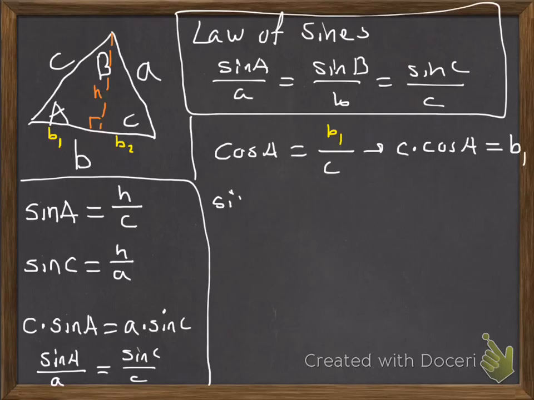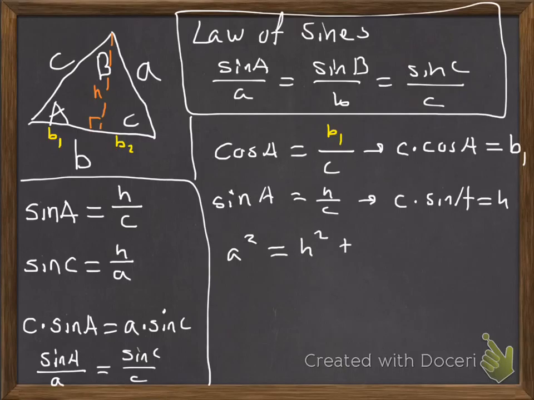The sine of angle A is the opposite, which is H, divided by the hypotenuse C. So C times sine of A is equal to H. Now using the Pythagorean Theorem, A squared is equal to H squared plus B2 squared.